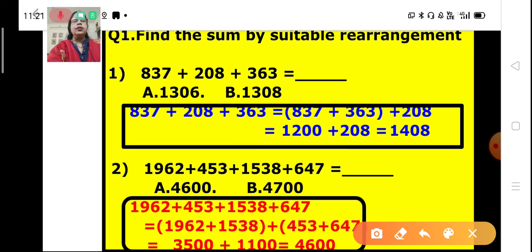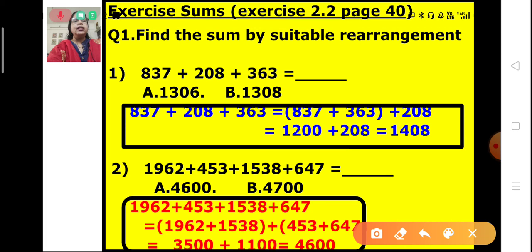It is 837 plus 208 plus 363. We can see that in the number 837 we have 7 in the ones place, and in the number 363 we have 3 in the ones place, and when we add 7 and 3 it becomes 10. That means we can get a 0 here.